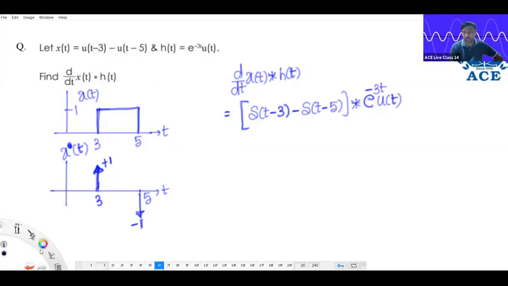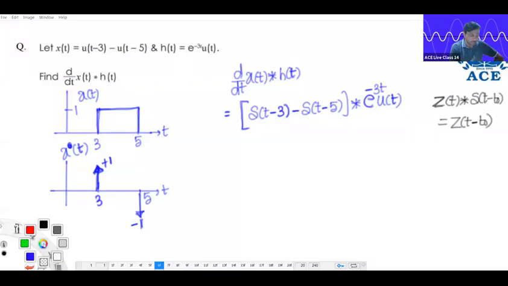So blindly it is looking like which property again? For simplification, which property? Convolution property of impulse: z of t convolved with delta of t minus t naught is z of t minus t naught.